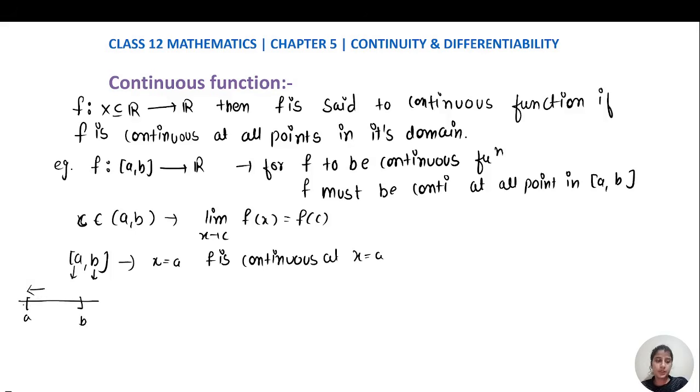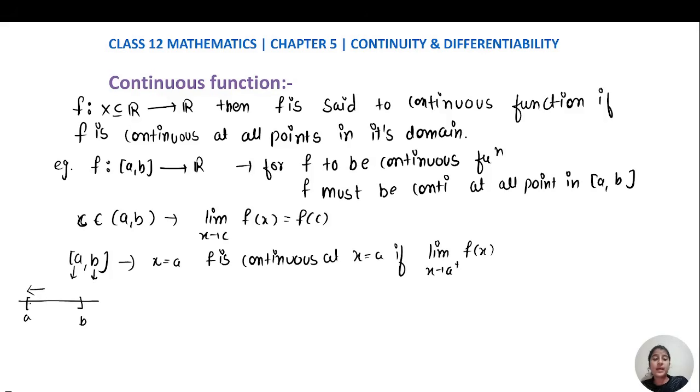So the intuition is that its right hand limit should be equal to its function value. That means it is continuous if its right hand limit, the limit as x tends to a from the right of f of x, forgetting about the elements outside the closed interval [a, b], since we only have the elements inside [a, b].